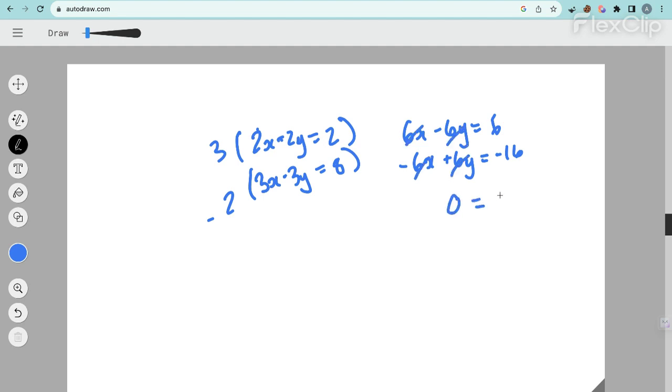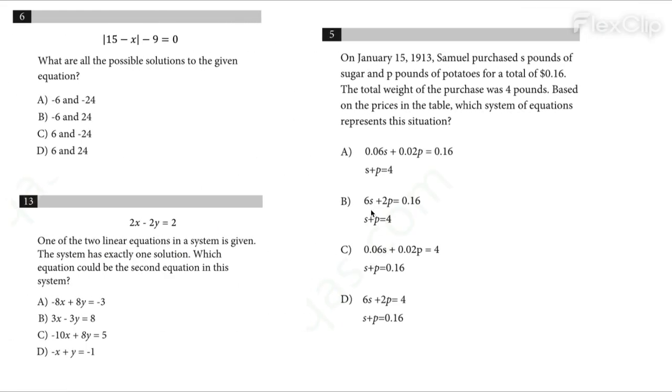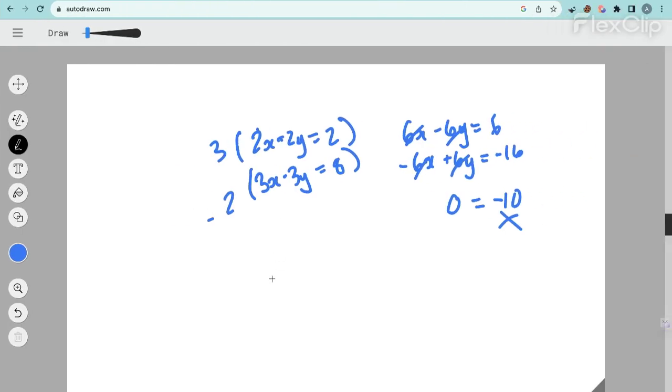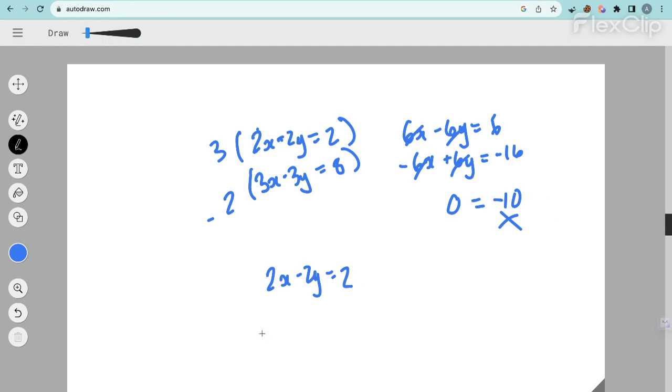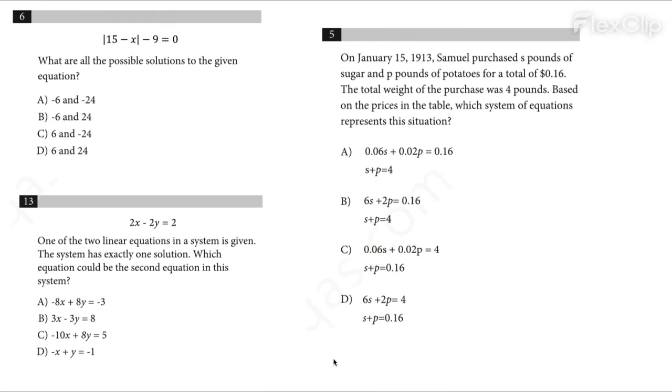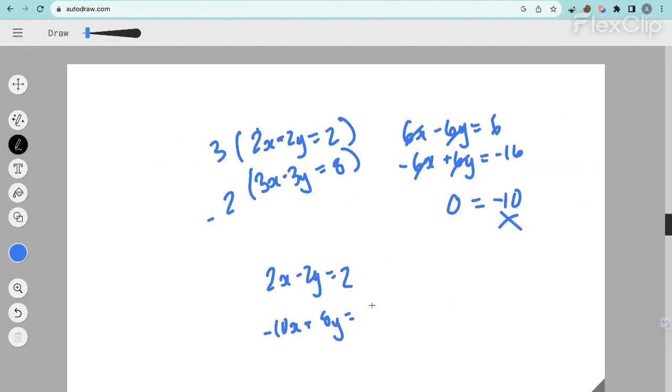Once again, when these cancel out, this does not equal, so there's no solution there. The next one is once again elimination.